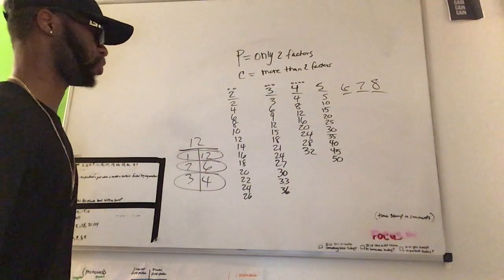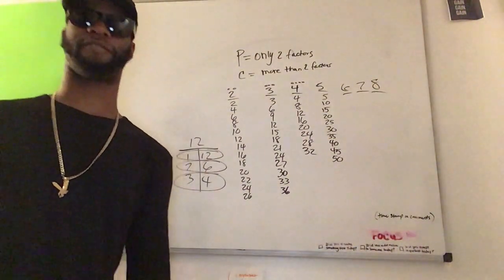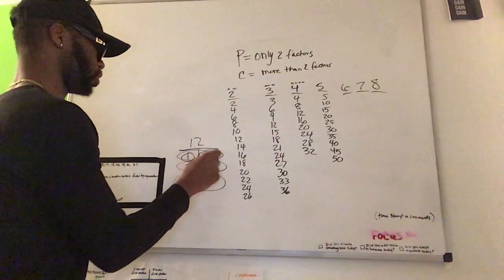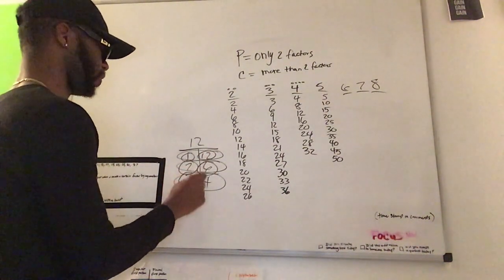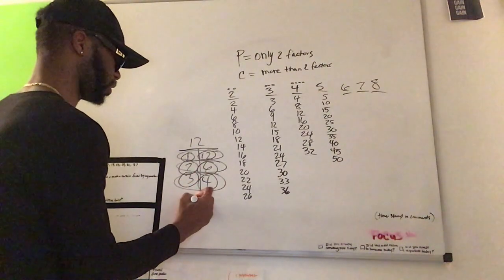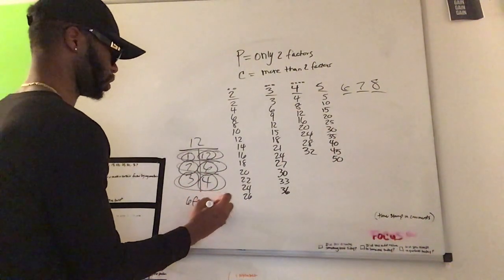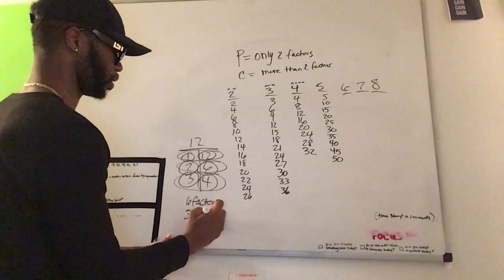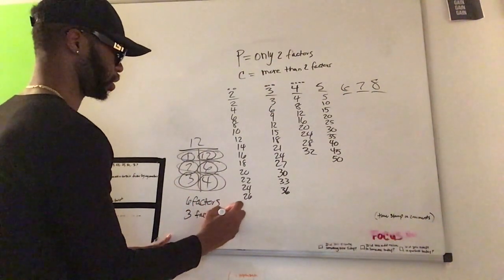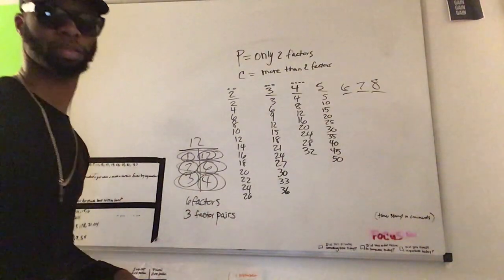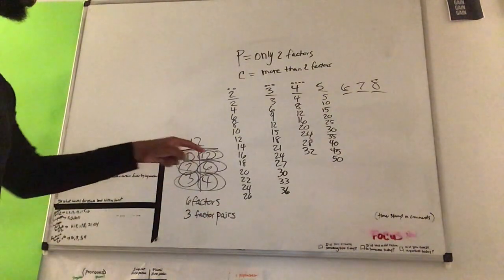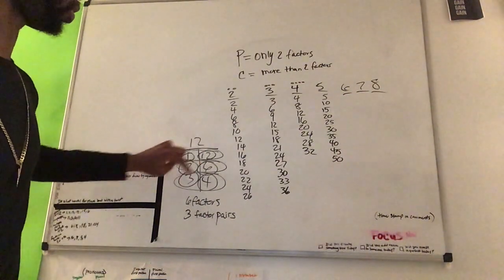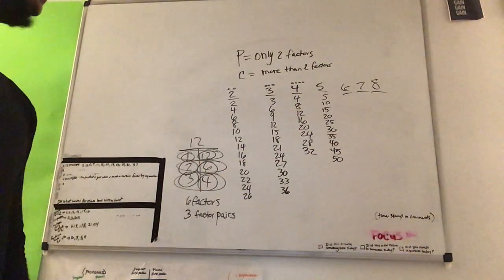If we want to know how many factors, you count the numbers separately. So that's 1, 2, 3, 4, 5, 6. That's 6 factors, and 1, 2, 3, 3 factor pairs when it comes to the groups.